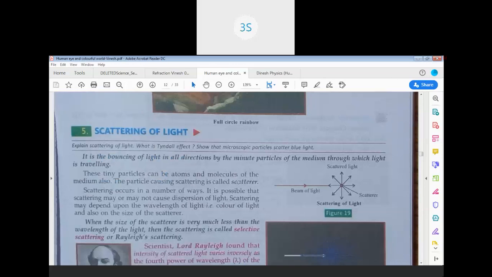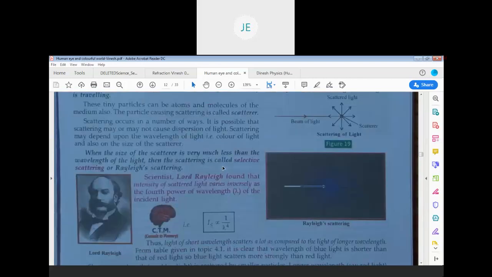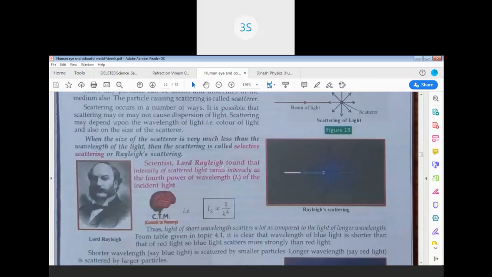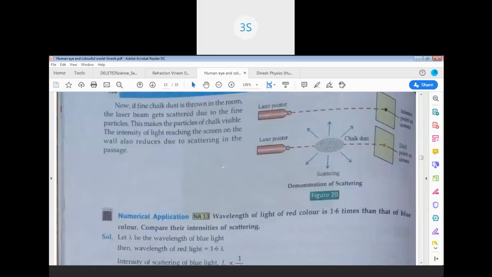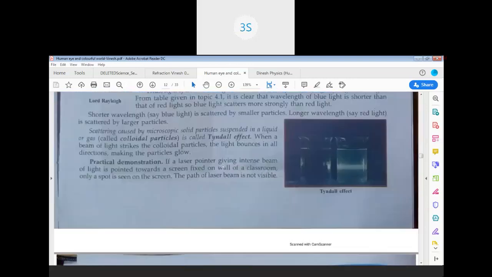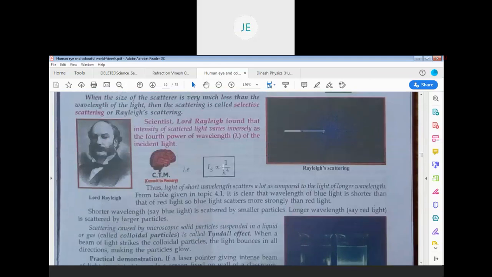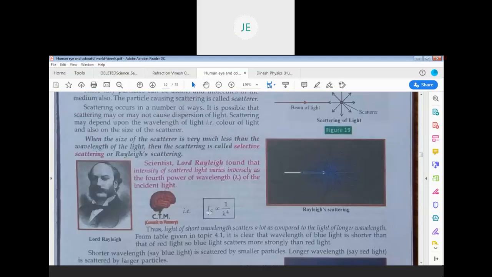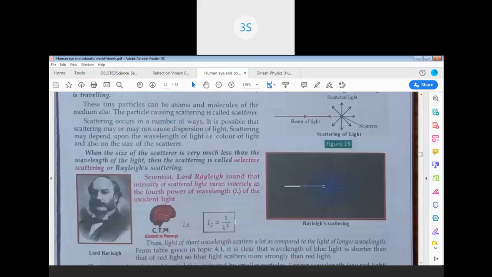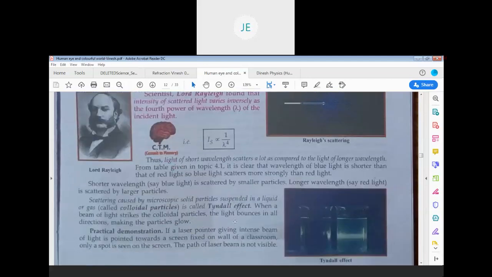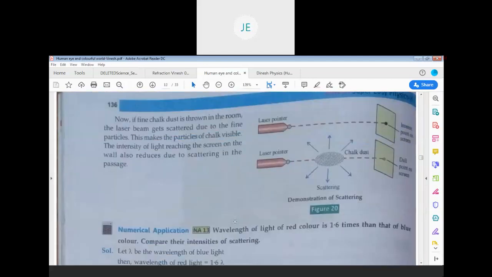Sir, red light, yellow light, white light, violet light, all the lights have the same speed, no, sir? Yes, same speed in vacuum, but when they are traveling from one medium to another medium, their speeds will be different. If white light is traveling from one medium to another, will the dispersed lights also have the same speed?